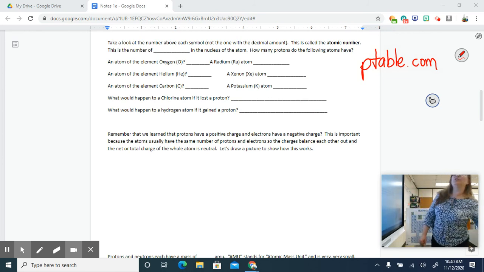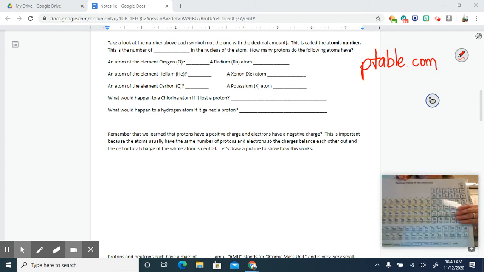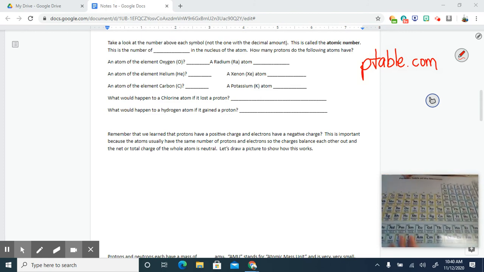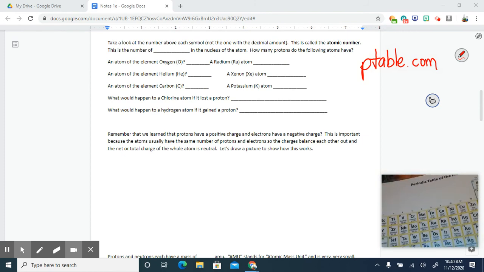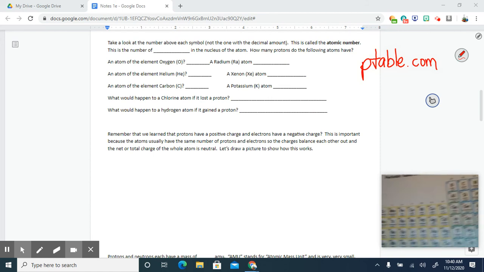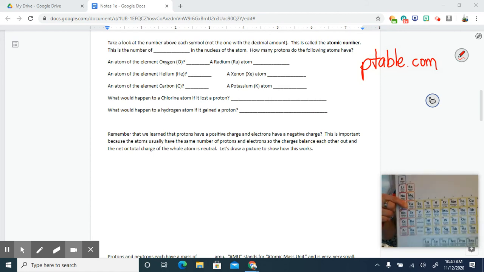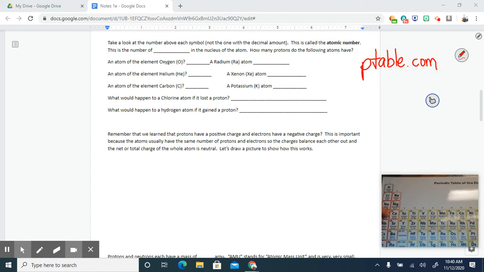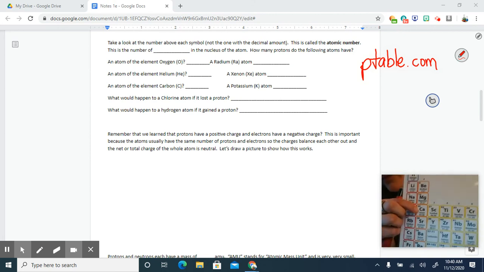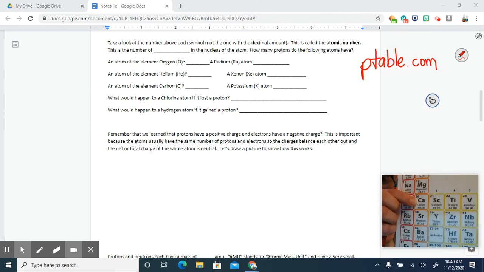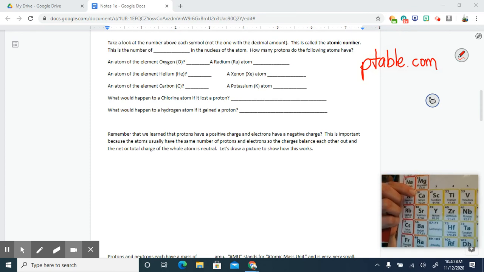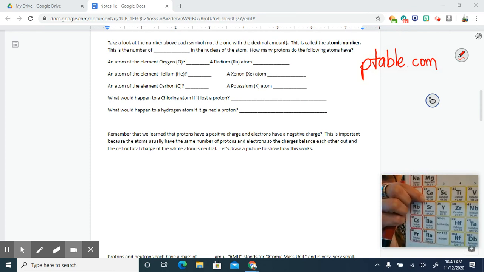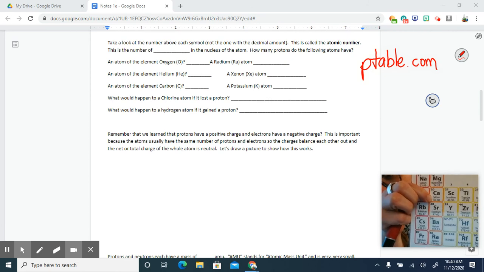So what I want you to do is take a look at the number above each symbol. So I've got a periodic table here that I can bring in really closely. We'll look at calcium. Can you see calcium? Where's calcium? There it is. Everything's backwards. All right, so if we're looking at calcium here, you can see that it has a bold number that is a whole number at the top. And then there's a decimal number that's not bold down at the bottom.